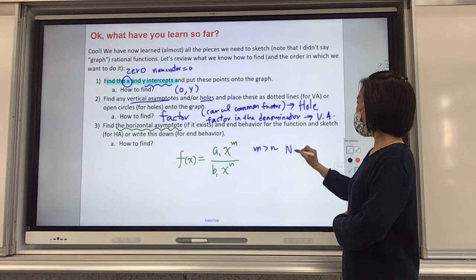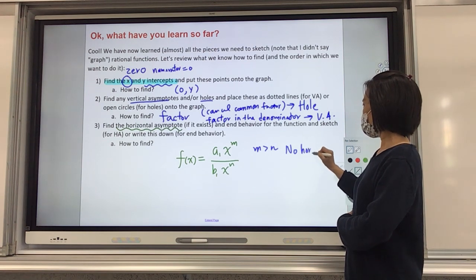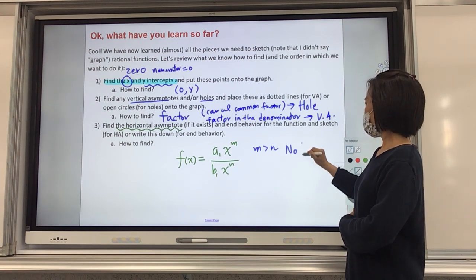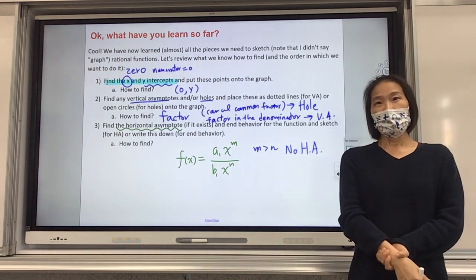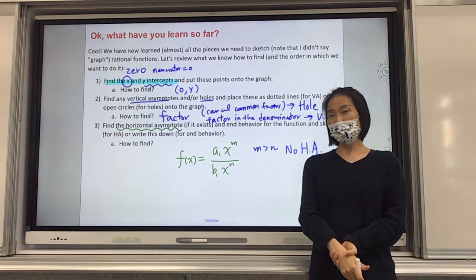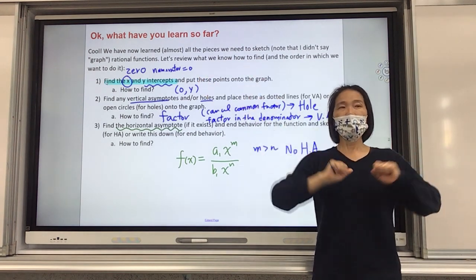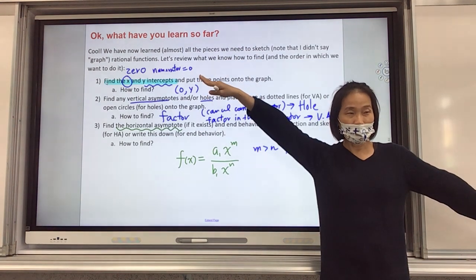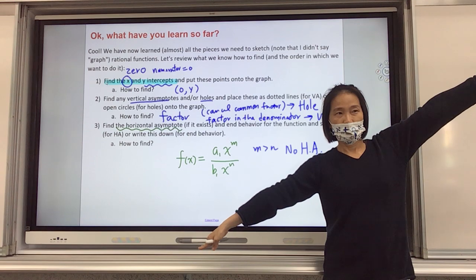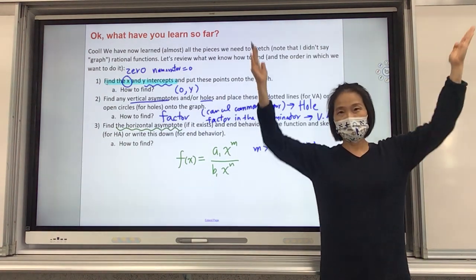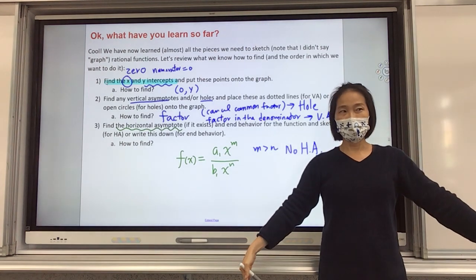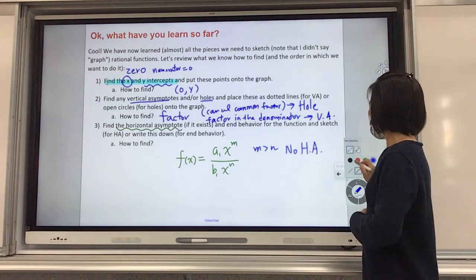There's no horizontal asymptote. I'm just gonna write HA: no horizontal asymptote. What kind of asymptote? It could be a slant asymptote if you end up with a line equation. If you end up with a quadratic, the behavior will behave like a quadratic, and so on and so forth.